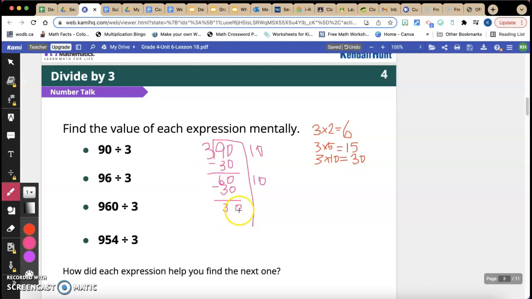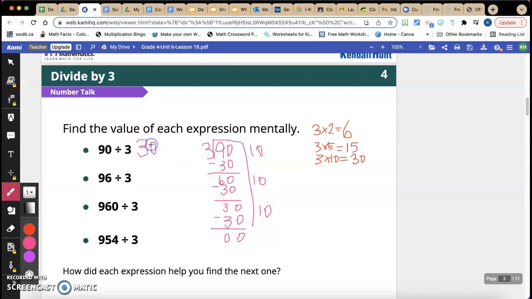Closest I can get 3 to 30 is 30. 3 times 10 is 30. 0 minus 0 is 0. 3 minus 3 is also 0. So I need to take all of these partial quotients that I got, and I need to add them together. 10 plus 10 plus 10 makes 30.